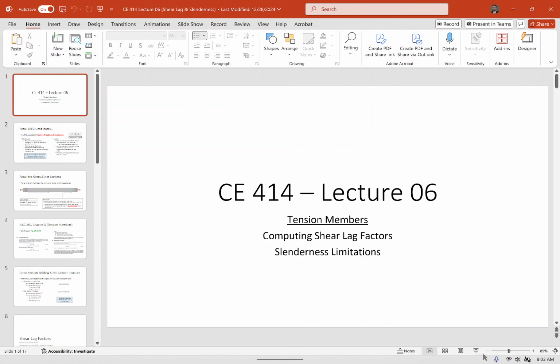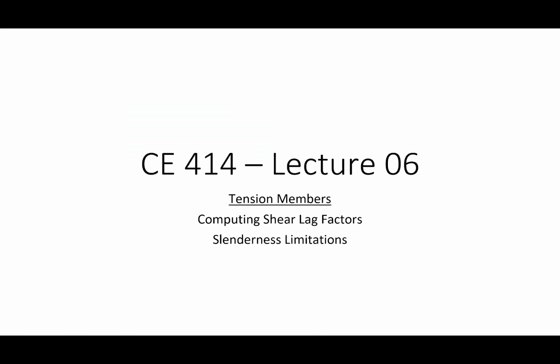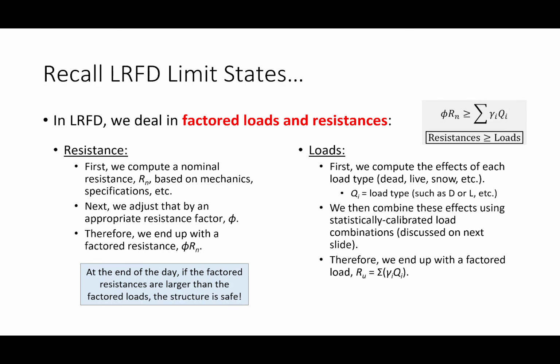Lecture 6. Okay. Let me take a step back because I want to make sure that you see the big picture of what we're doing. This entire idea of steel design, particularly strength design, is focused on evaluating limit states. That's the be-all, end-all goal of structural design: to determine that our factored resistances are greater than or equal to our factored loads.